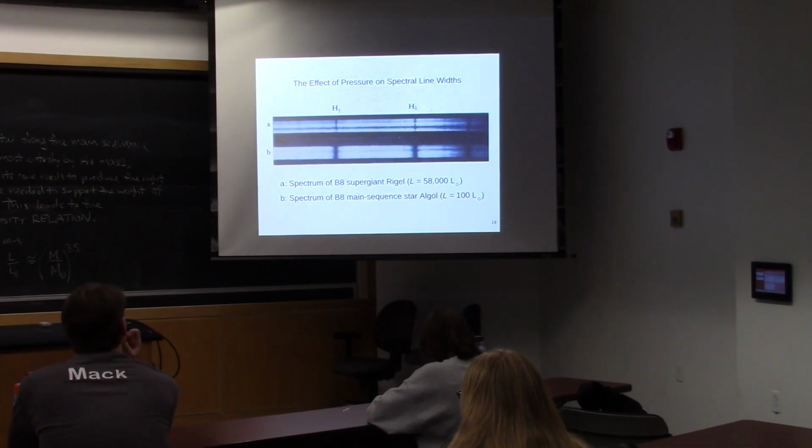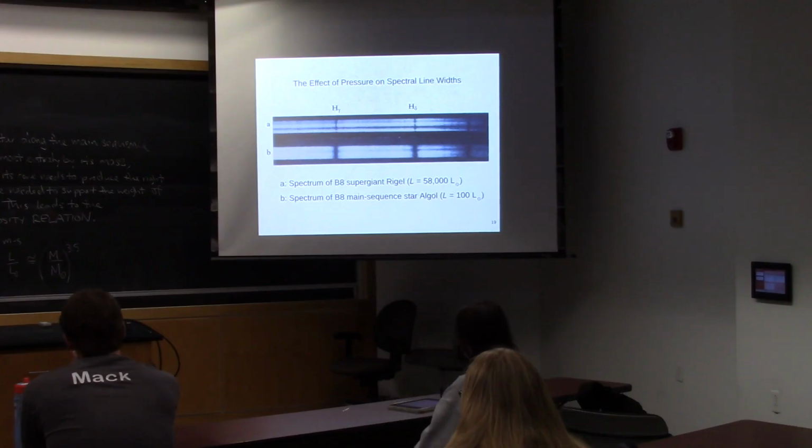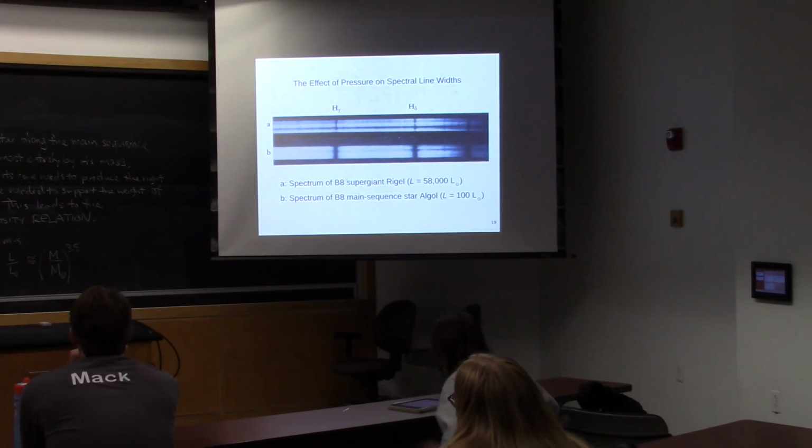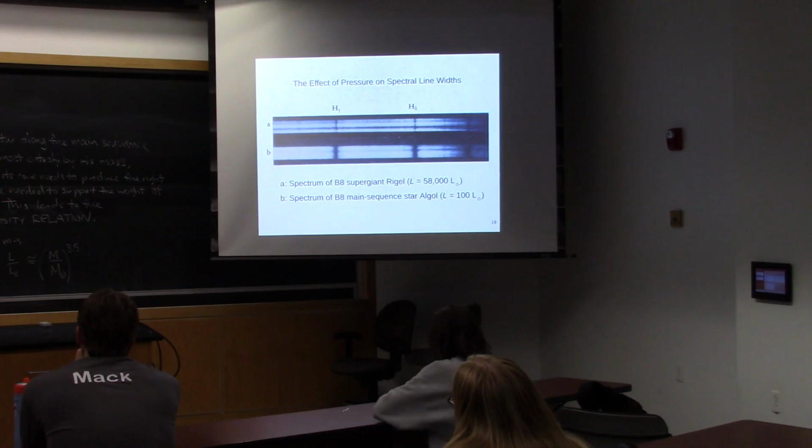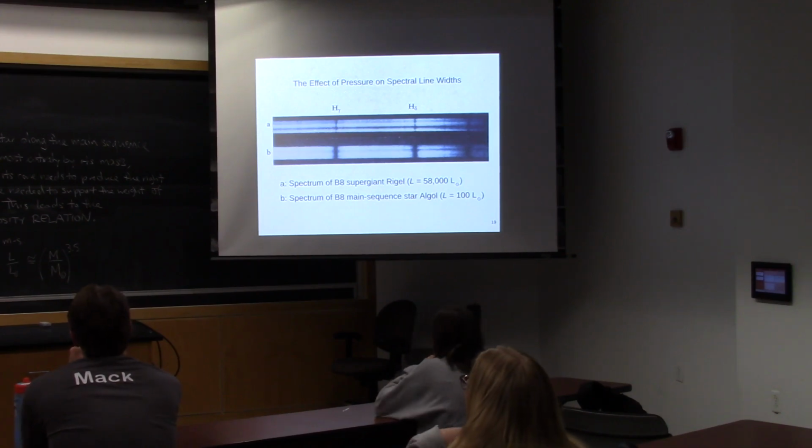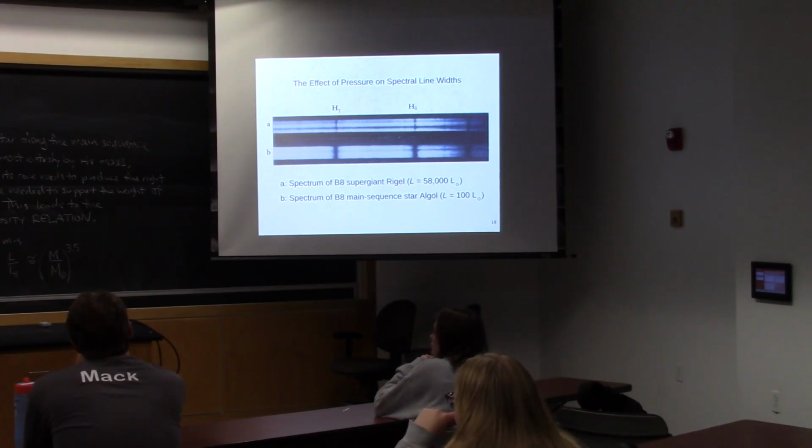So first of all, if those energies were exactly precisely defined, there would be zero chance of a photon having exactly precisely that energy to cause the transition. So in reality, the energy levels have some spread in them. There's a bit of uncertainty in the energy levels.